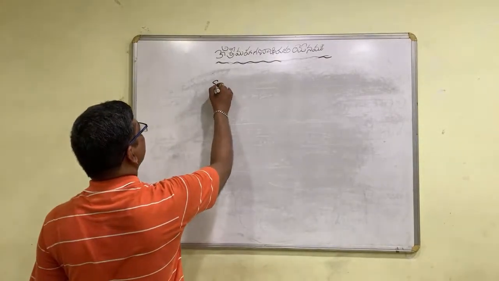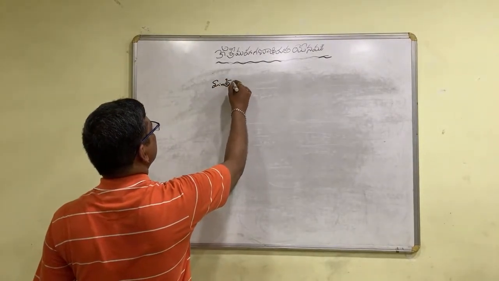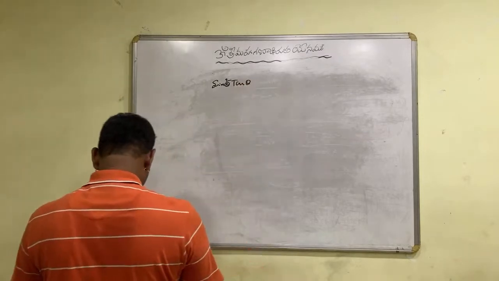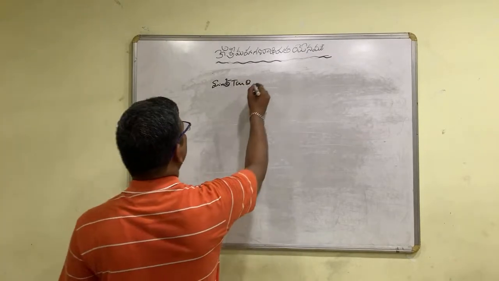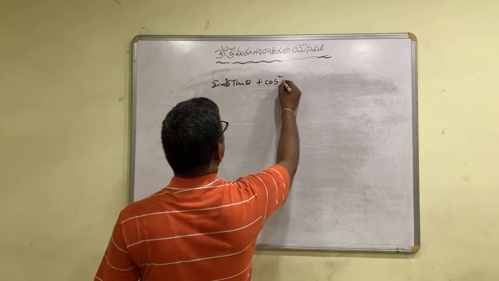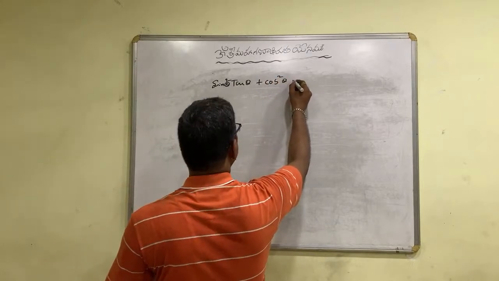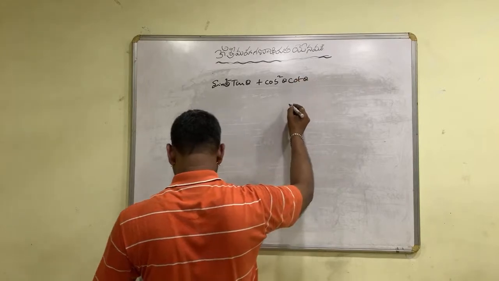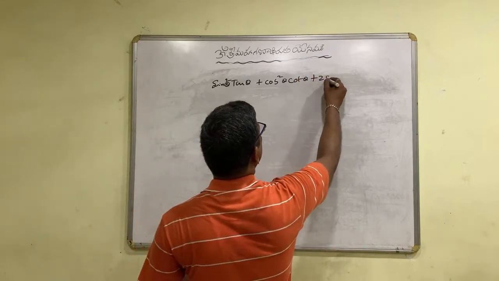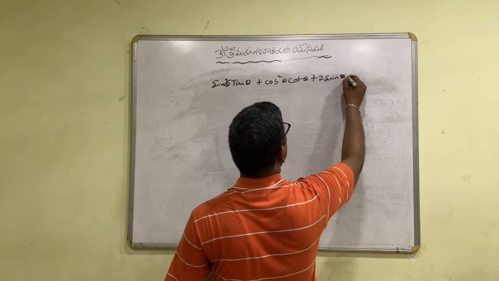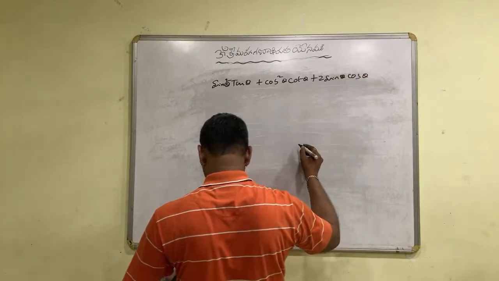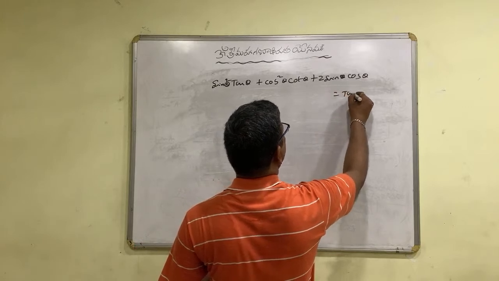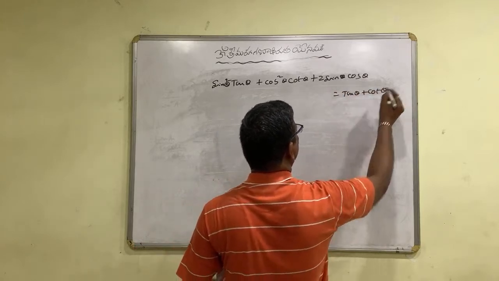Problem number 10. Sin square theta tan theta plus cos square theta cot theta plus 2 sin theta cos theta is equal to, we need to prove, tan theta plus cot theta.